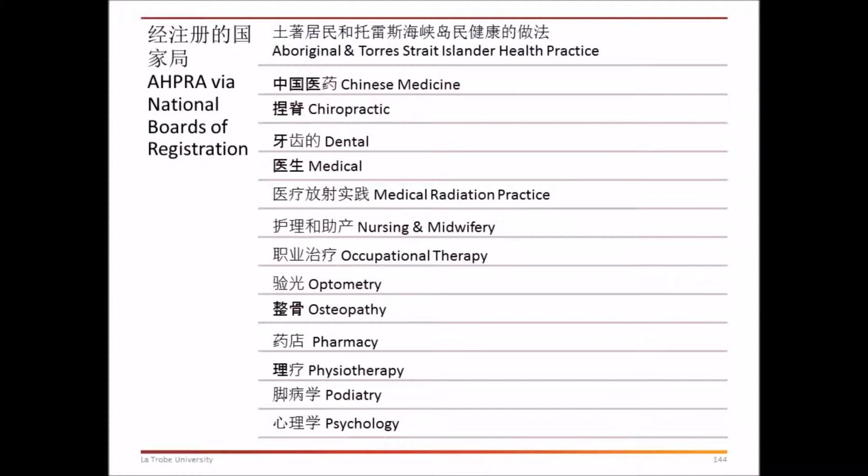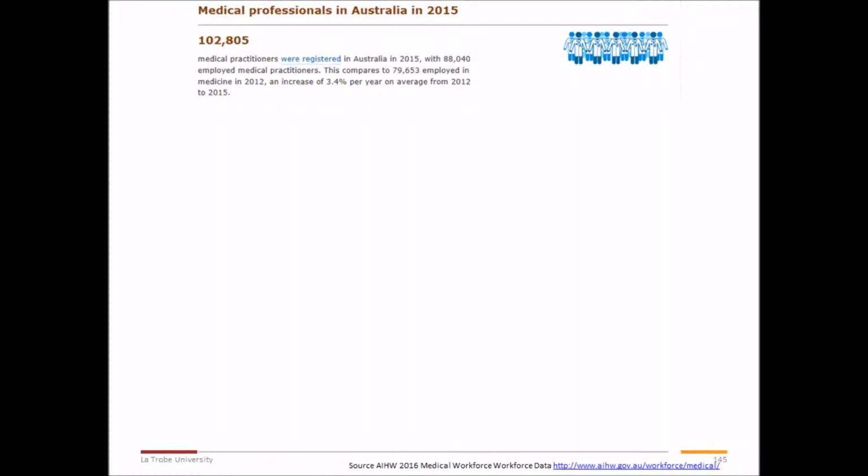In terms of medical practitioners in Australia, the most recent data that I can find, even in January 2018, relates back to 2015 through the Australian Institute of Health and Welfare.